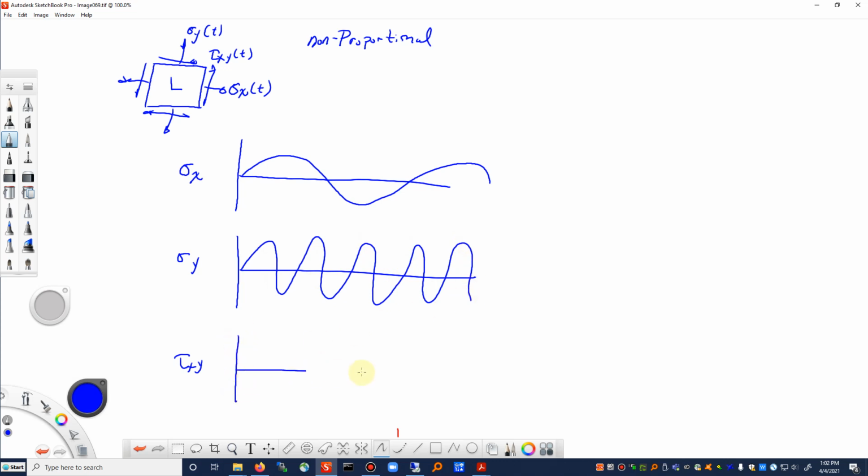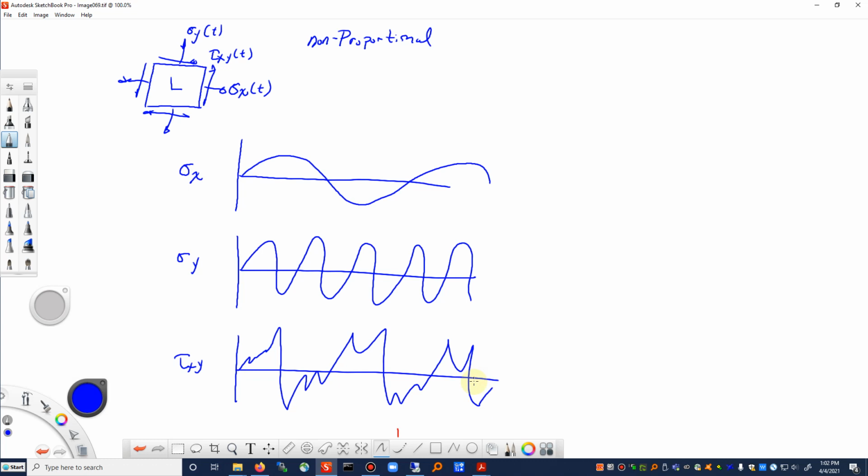And maybe tau xy is just all over the place, variable amplitude. Well, these would be examples of non-proportional histories. In as many ways that we can think up time histories, those are the ways that we could have non-proportional histories.